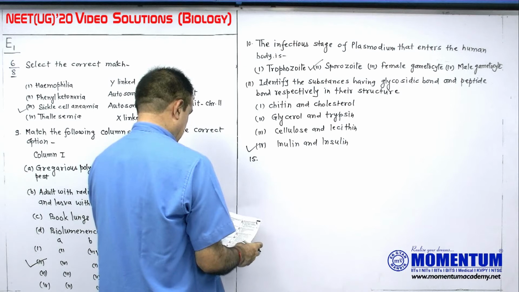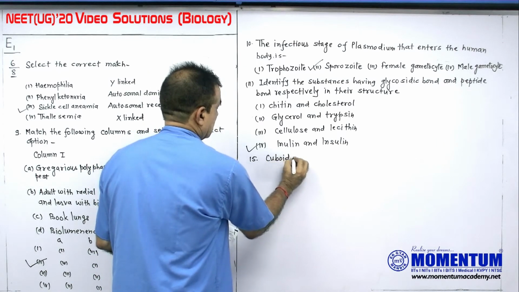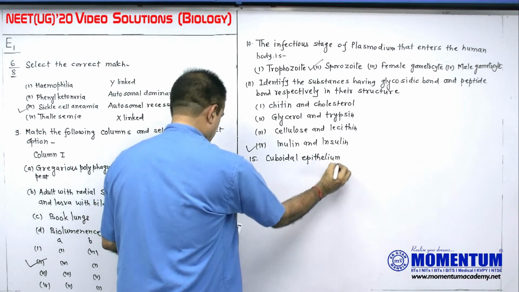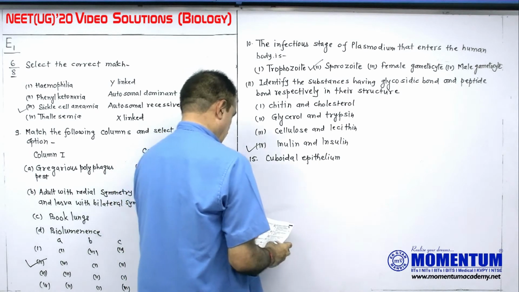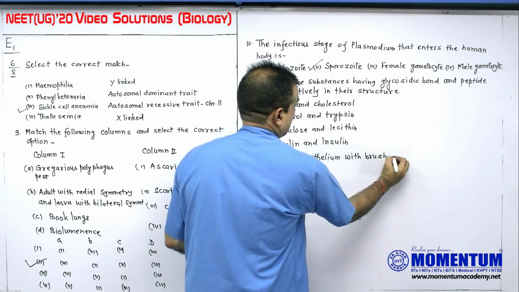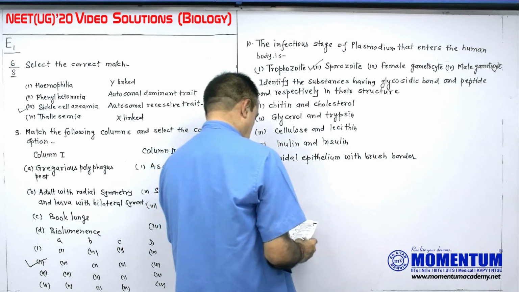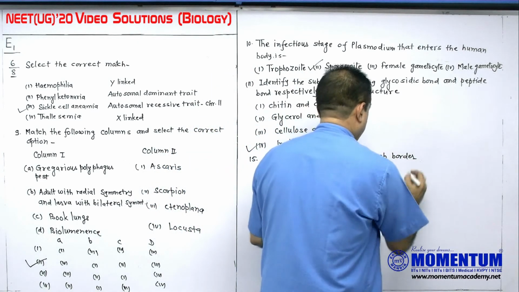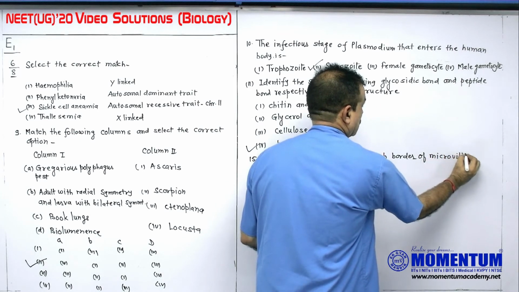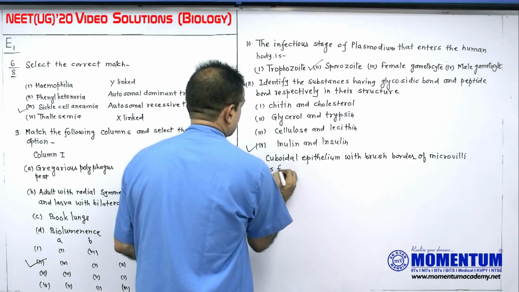Cuboidal epithelium with brush border of microvilli is found in.